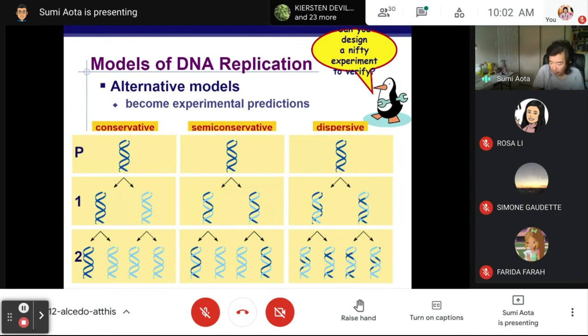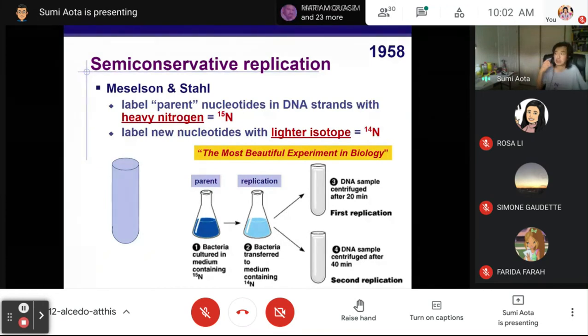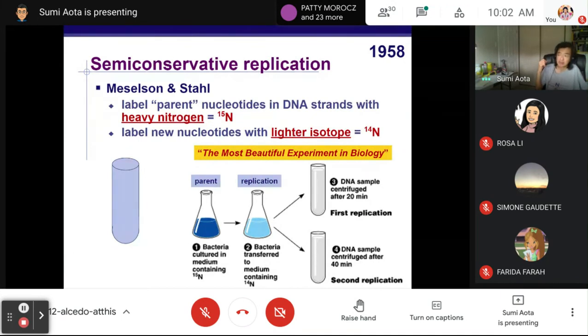So how do we actually do this experiment? Kind of giving you the answer here. This experiment is the semi-conservative replication experiment done in 1958 by Meselson and Stahl.